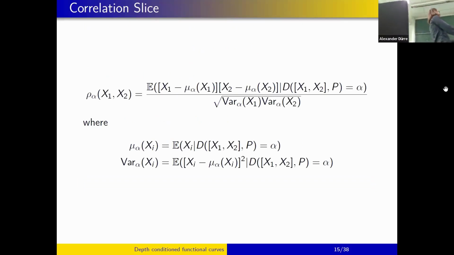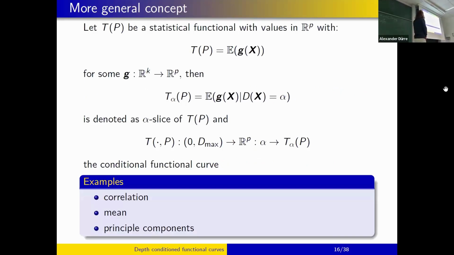This is a special case of a more general concept, and this concept we call conditioned functional curves. So you can do it in a more general context where you don't look alone at correlation, but at more general functionals.